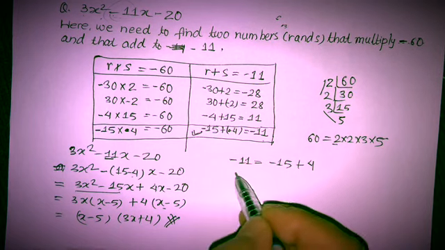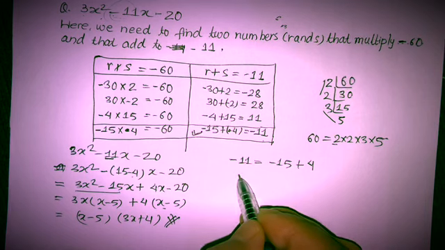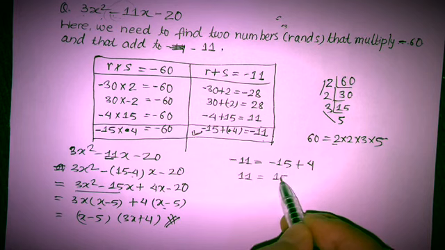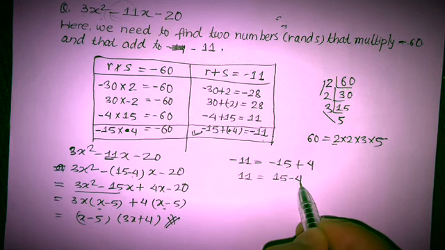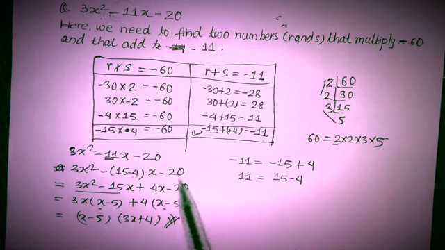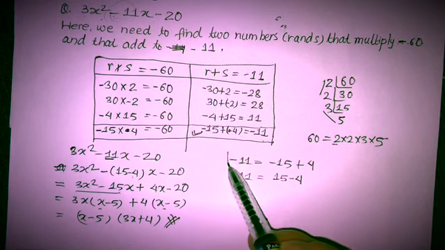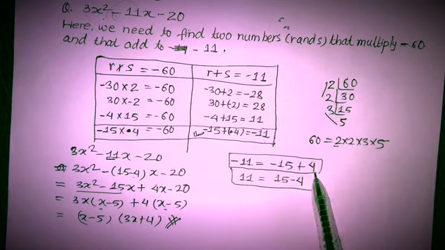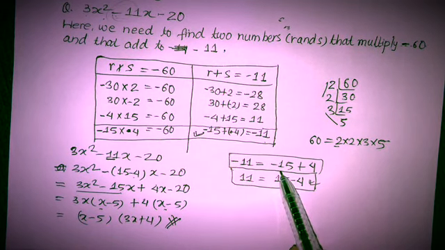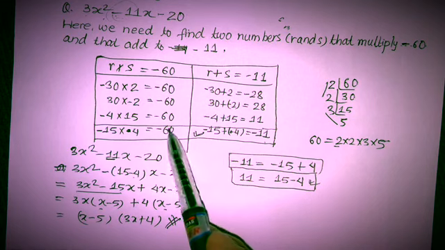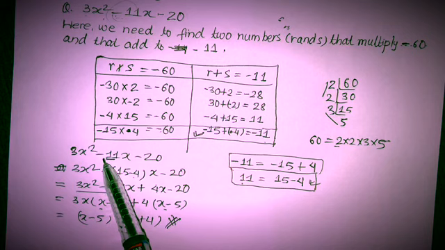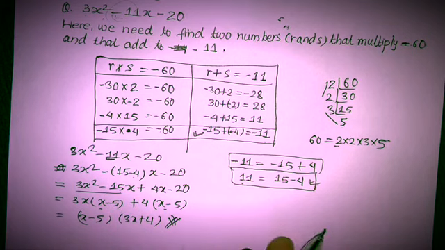Yes, and in place of only 11 we can write here 15 minus 4 also. So you should not get confused here. You can use this one also, you can use this one also. Okay, so after finding the two numbers that satisfy both conditions, you can do it like this also when there is minus. Okay, so that is what is done here.